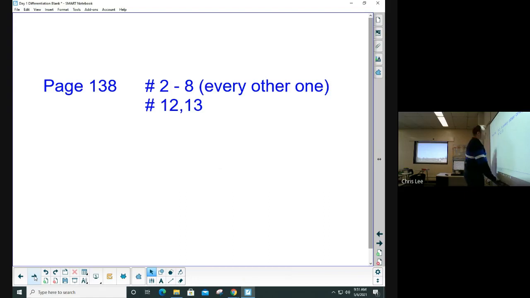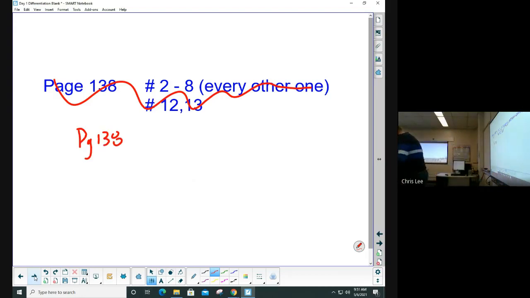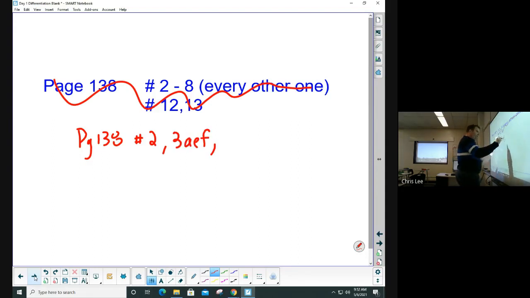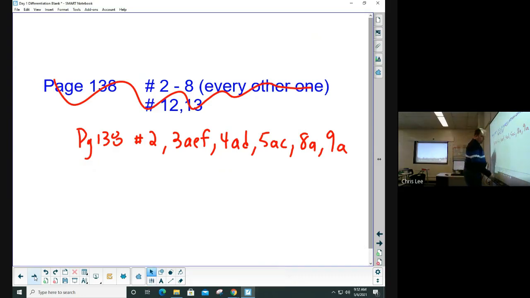We are going to do page 138. When you go to number 2, you're going to see there's lots of ones there, but a lot of them are one-line answers.